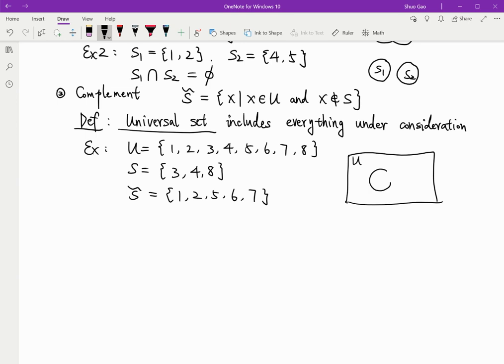And if I give you S here, then S tilde is everything that's in this universal set but is not in S. So it's everything here, in the red shaded area. It doesn't include S, but includes everything else inside this universal set. The red shaded area is called the complement of S under the universal set U. Okay.